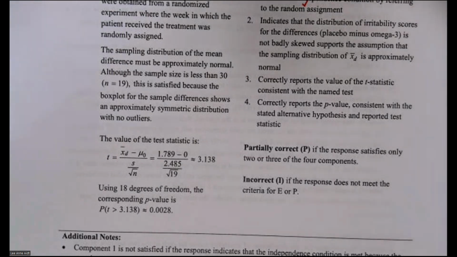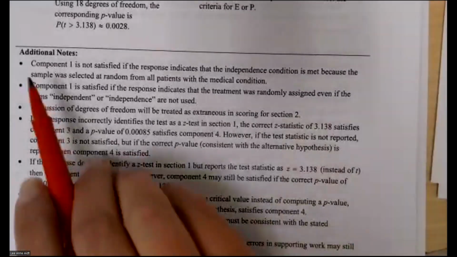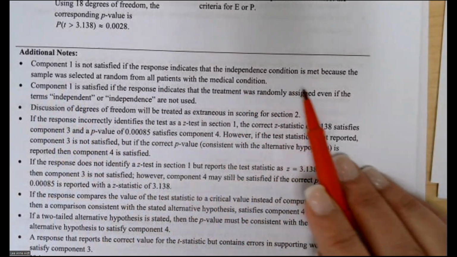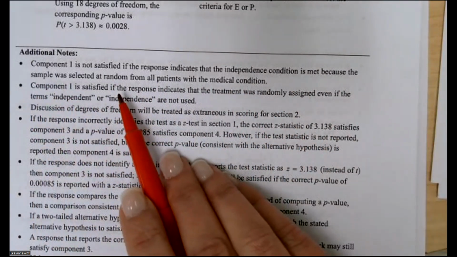I don't think so, because it says here, component 1 is not satisfied as the response indicates that the independence condition is met because the sample was selected at random.